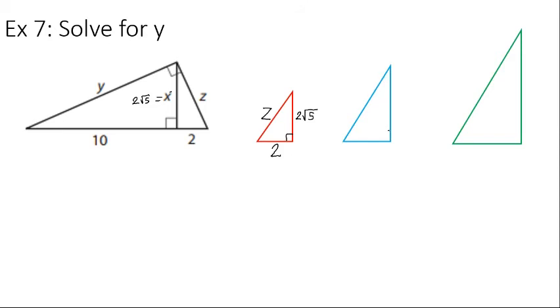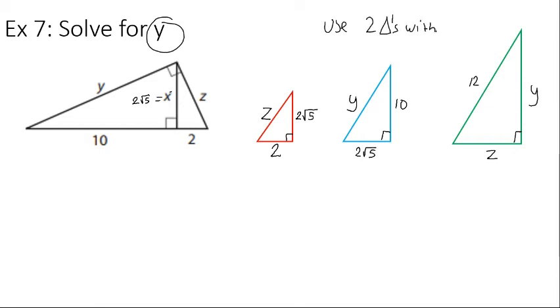Now my medium triangle, the bottom was x or 2 square root of 5. And I have y and I have a 10. And the last triangle, this is 12. This is z. And this is y. So I'm trying to solve for y. So use two triangles with y.